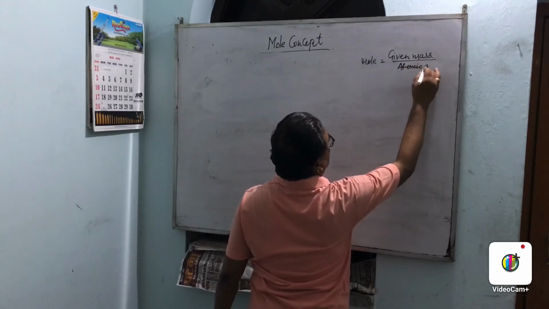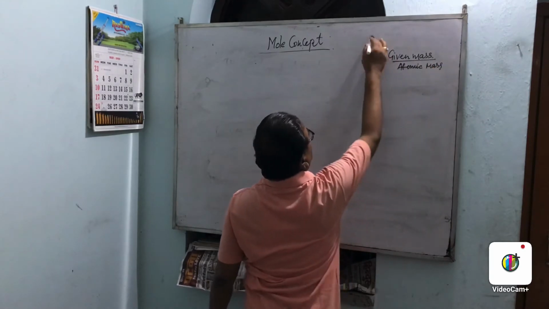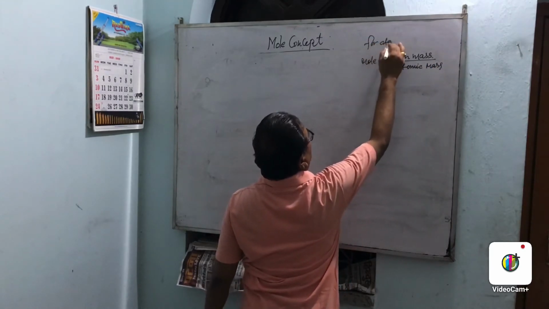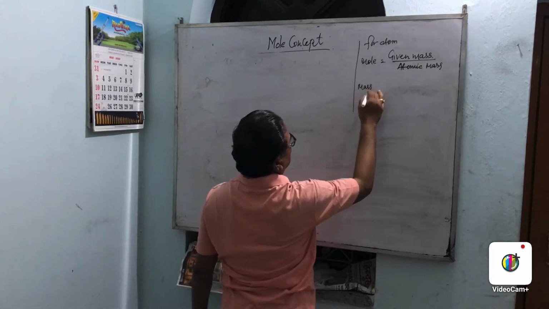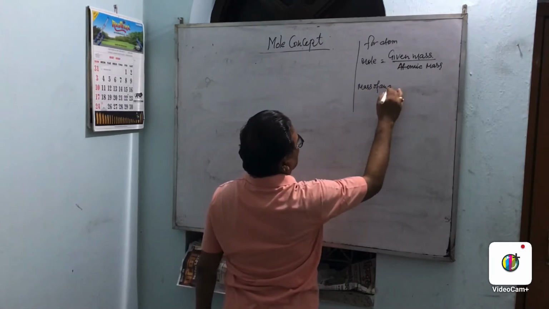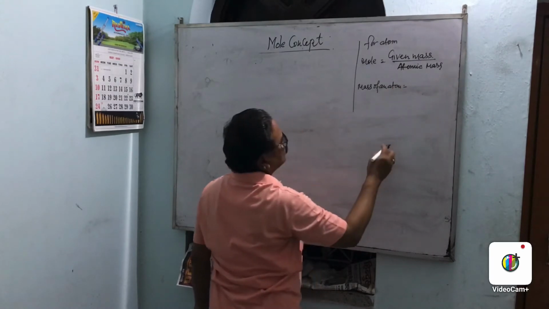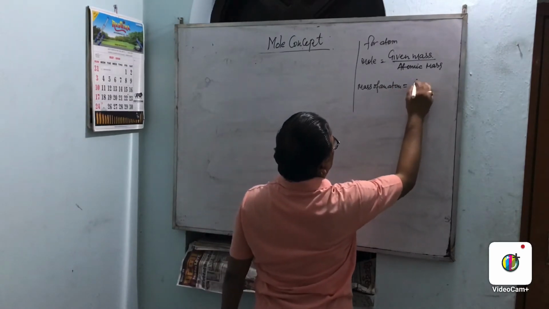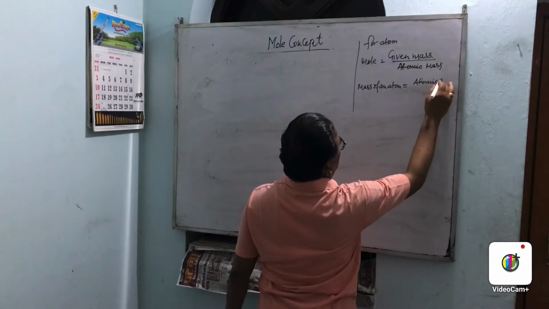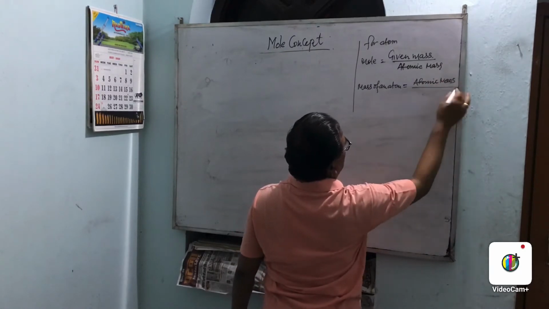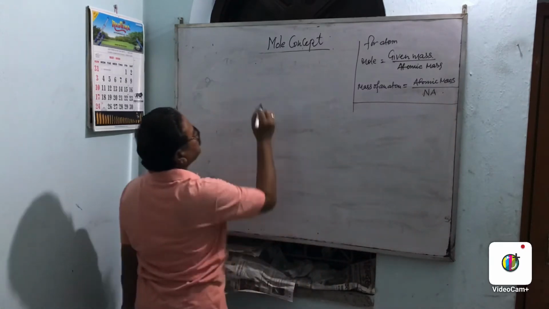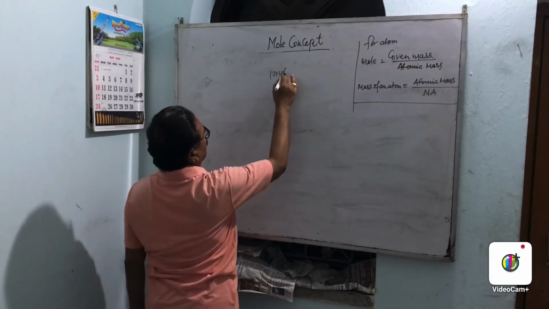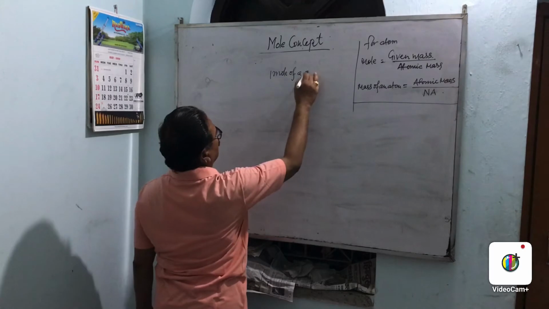For atom, atomic mass, we write here for atom. Now mass of an atom is equal to atomic mass by Avogadro number. Right, this one. Now 1 mole of a molecule.